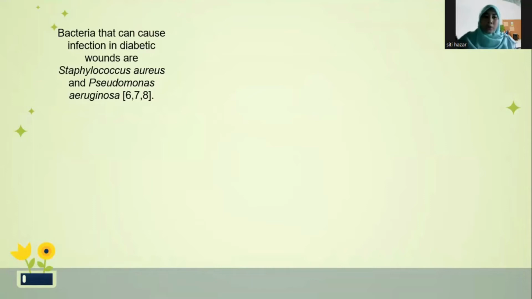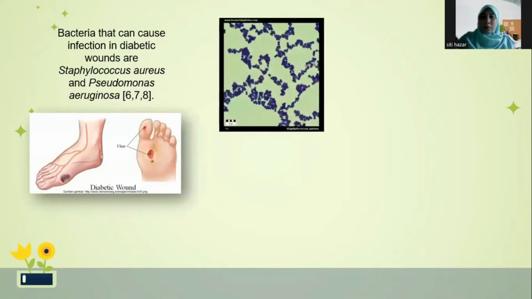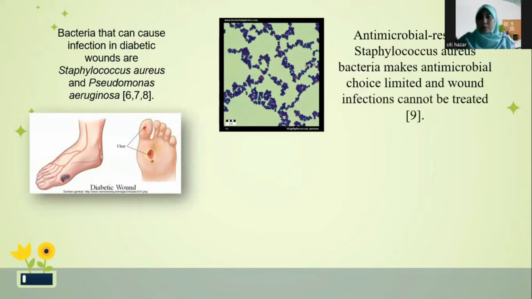Bacteria that can cause infection in diabetic wounds are Staphylococcus aureus and Pseudomonas aeruginosa. By this infection of the bacteria, the wound can become more serious. This is the picture of Staphylococcus aureus.